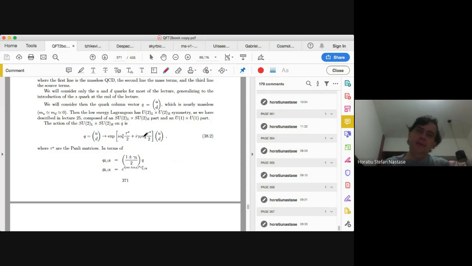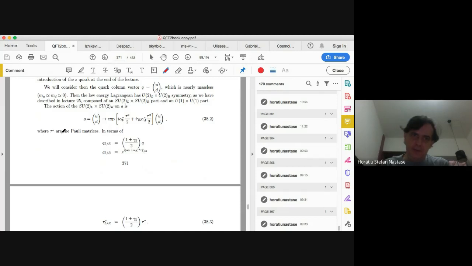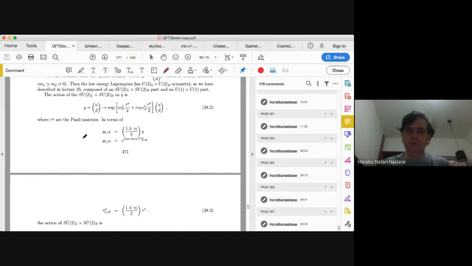But then a part that corresponds to a chiral symmetry, so with a gamma 5. So exponent i gamma 5 alpha axial A tau A over 2, rotating the same U and D. So tau A are the Pauli matrices, and tau A over 2 are the generators of SU2.